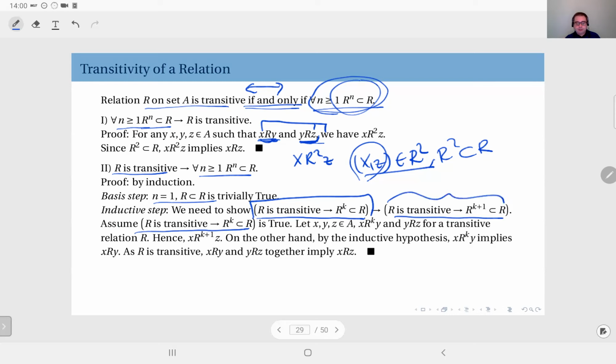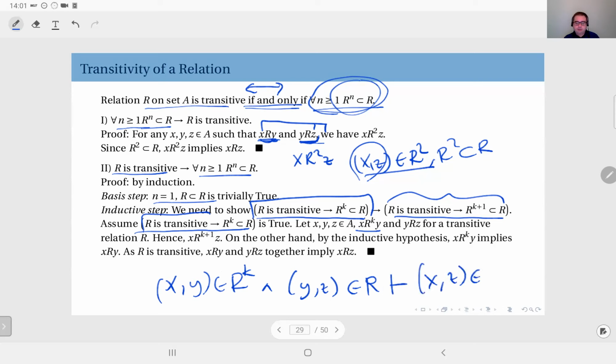Now, again, take x, y, z elements in A, and let's say x is related to y through the relation R to the k, and y is related to z through R. Okay, and R here is transitive. Now, (x, y) is in relation R to the power k, and (y, z) is in R, and therefore these together entail, by definition of composite relation, (x, z) is in R to the k plus 1.